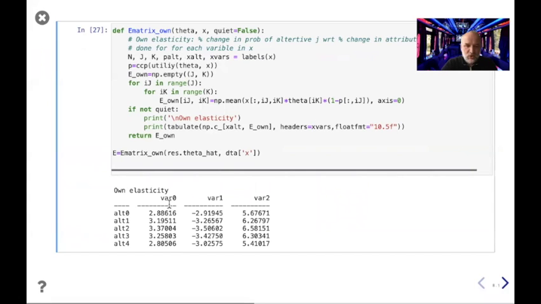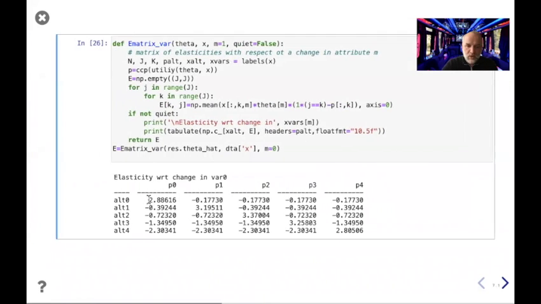If you look at the first variable here, this is the own elasticity for choice alternative number one, the probability of choosing alternative 0 with respect to a change in the attributes for that alternative. So this corresponds to the diagonal that you got right here. These are the only different numbers that we have in terms of the own price elasticities.